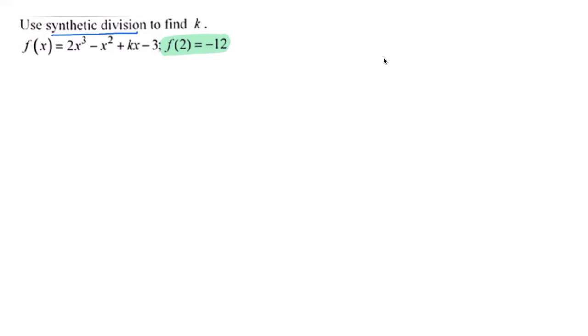F of 2 is equal to negative 12. What that means is that when you do your synthetic division by 2, you anticipate that you get a remainder of negative 12. And that's what it means. Okay, we talk about that since day one. And just a reminder, that's what we mean.